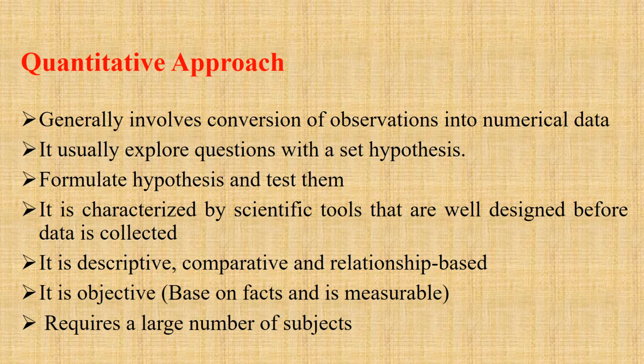So the quantitative approach generally involves conversion of observations into numerical data. So you do an observation and you try to convert these observations into numerical data. It usually explores questions with a set of hypotheses. So you state hypotheses and then you go to verify those hypotheses with the quantitative approach.